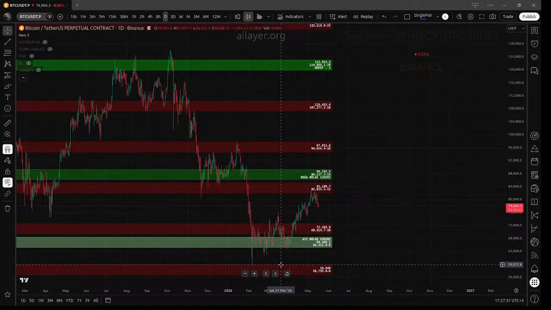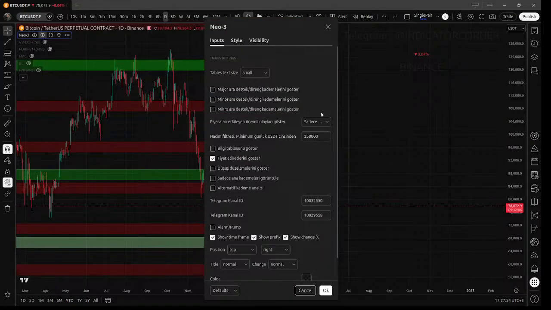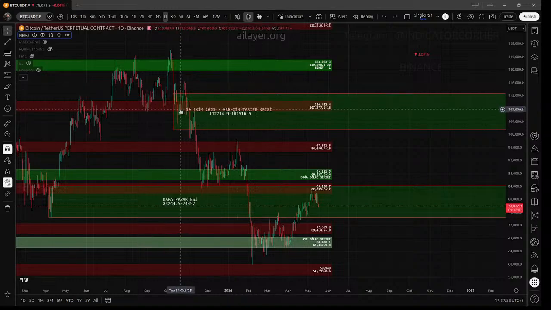And the second point: this area projects a rebound toward the 100 and 110K region. The chart even references a possible geopolitically catalyzed US-China tariff tension. Let me open this again. US-China tariff tension, this fall represents that.